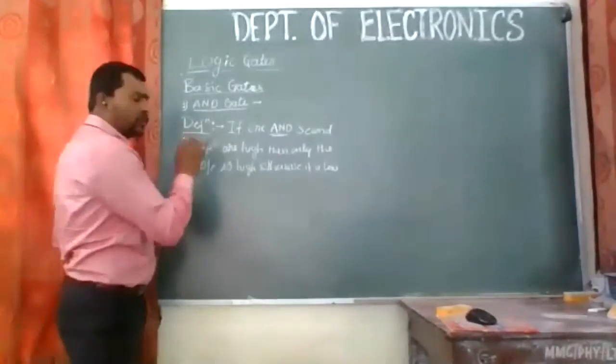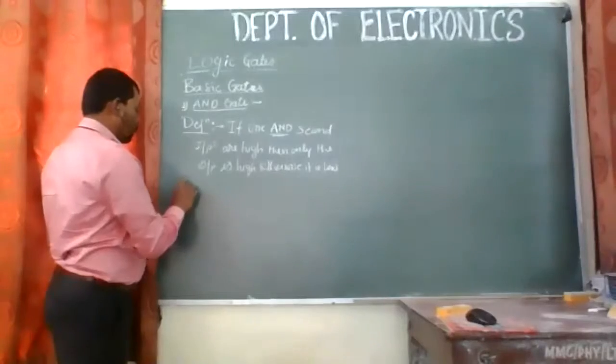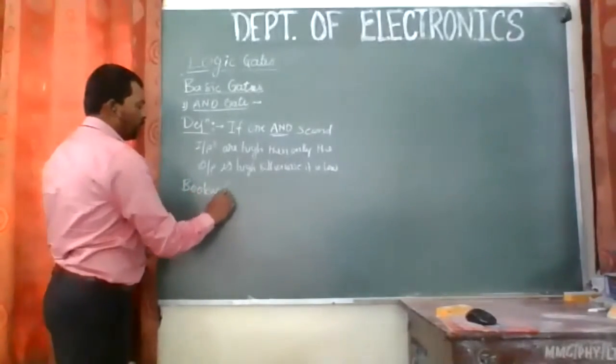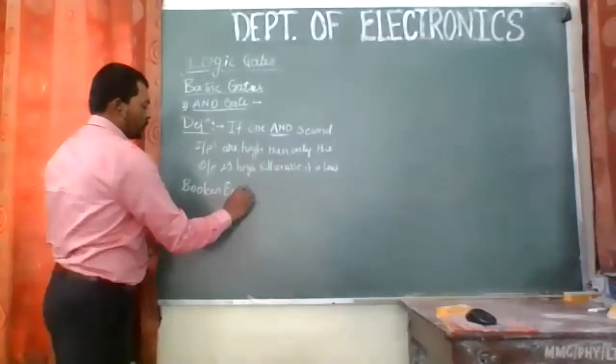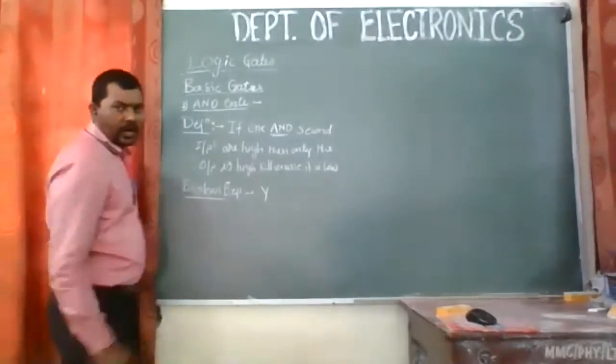So remember this. This is for the definition. Now for the formula or the Boolean expression, the Boolean expression will be Y, where we take Y as the output.